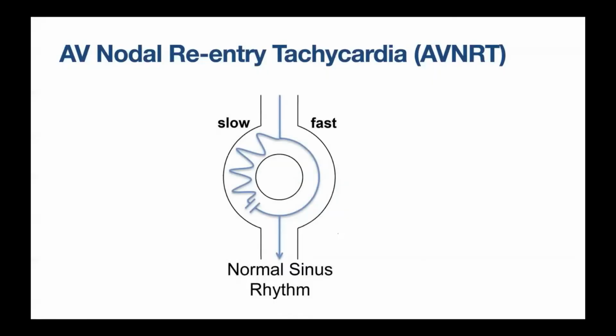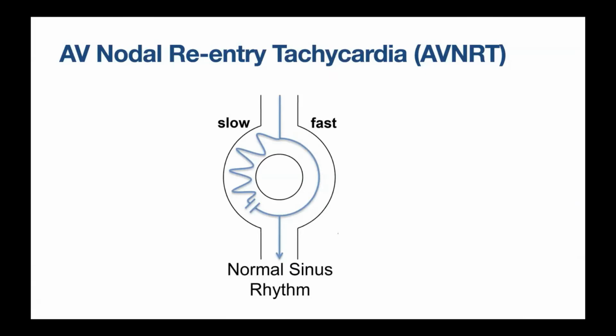Okay, so it has the slow and fast circuits or pathways. In normal sinus rhythm, in a normal AV node, when the impulse is generated and comes down to the AV node, it goes through the fast and slow pathways. By the time it reaches here and conducts down, the fast pathway immediately goes into a refractory period.